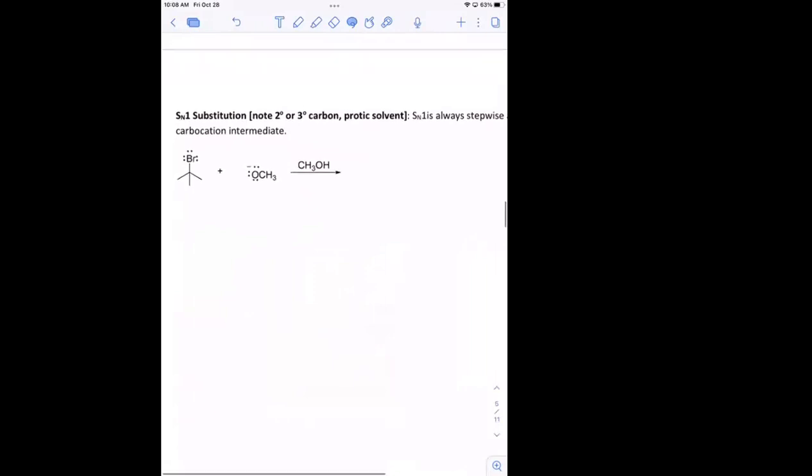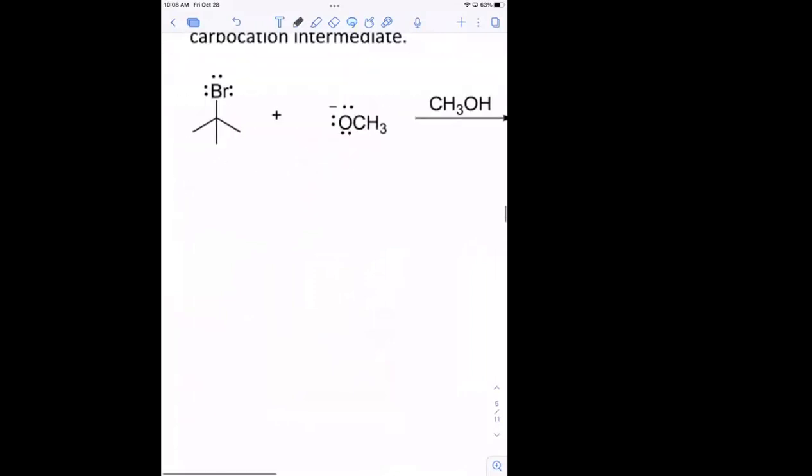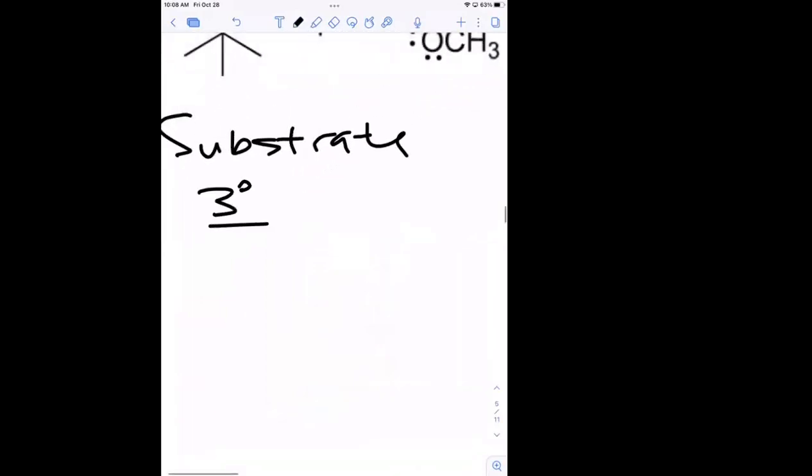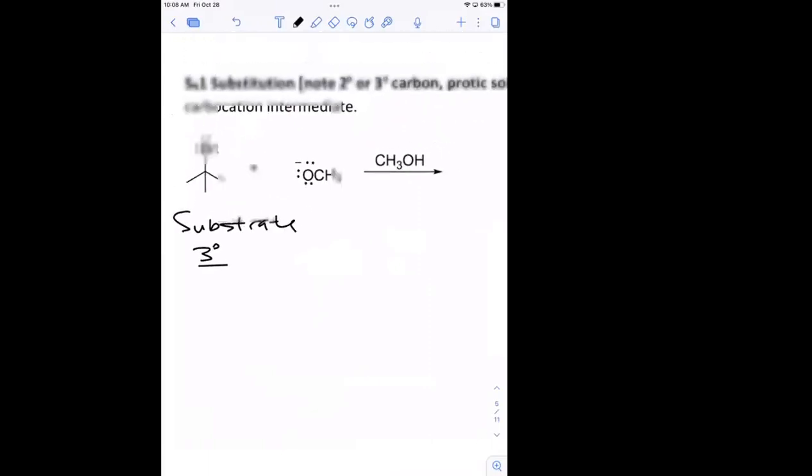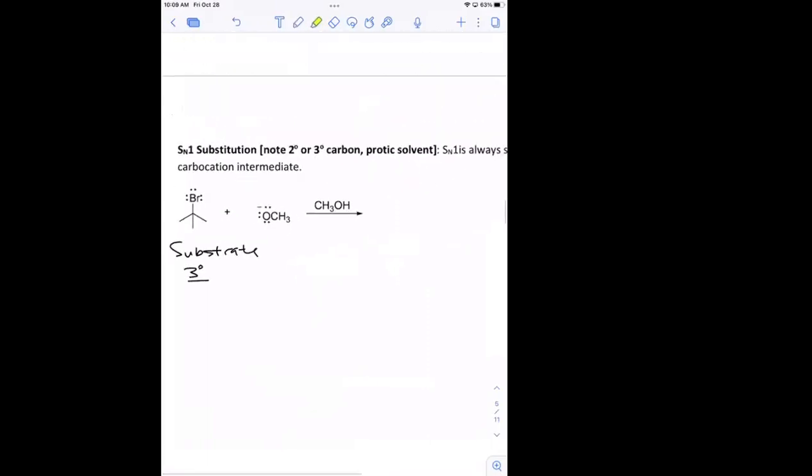The substrate, which is here, is tertiary. So it's excellent for SN1. The reason is because of how the SN1 mechanism happens, which we're going to talk about today. Then that tertiary substrate is going to make more sense. SN1 works on secondary or tertiary substrates.